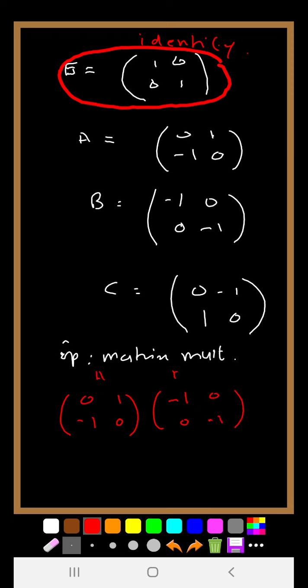This is A and this is B. So we get 0 minus 1 1 0 times minus 1 0 0 minus 1, which gives minus 1 1 1 and 0. So this is actually C. So A dot B is equal to C. Let's take another example.